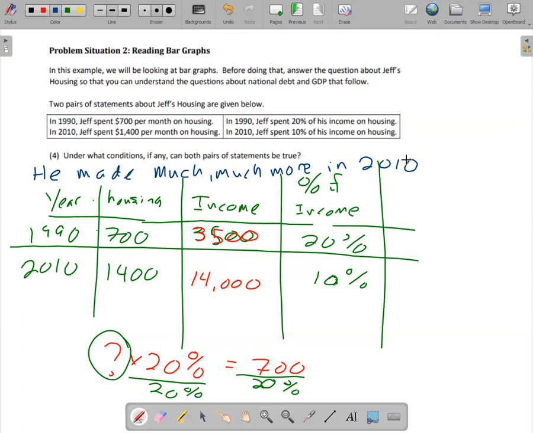Four times. So housing went up, but for him, income went up more, giving us a lesser percent in the future.